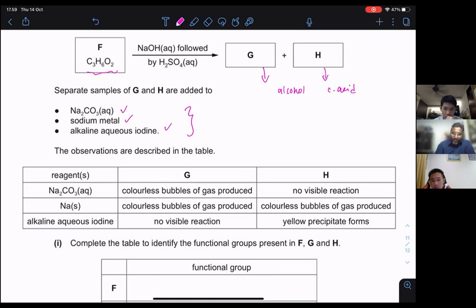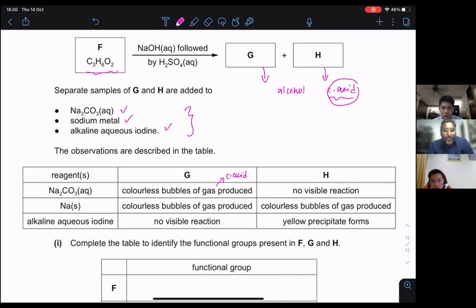If you look at carboxylic acid, it's an acid, and acid will react with sodium carbonate to give you salt, water, and carbon dioxide. So this one is carboxylic acid, most likely.